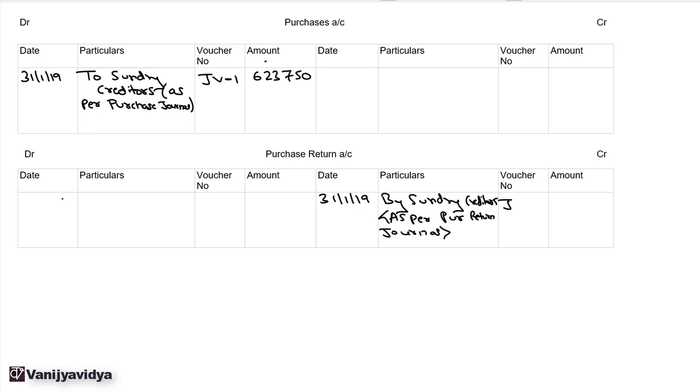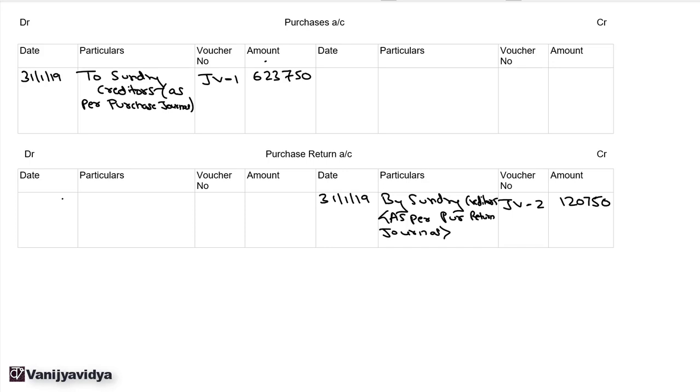Voucher number, let's give it as JV2 and amount is 1,20,750.